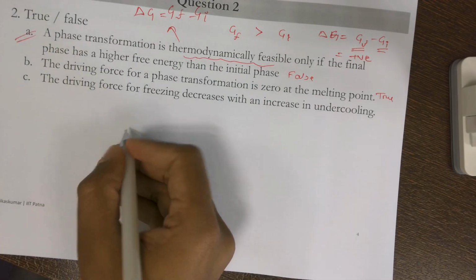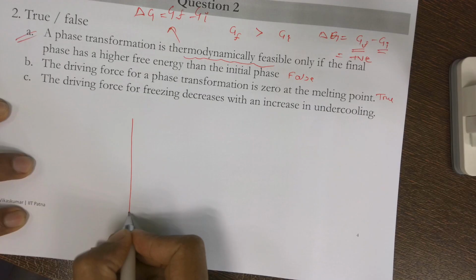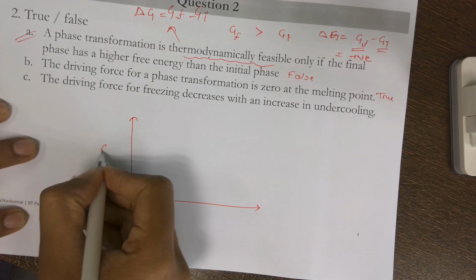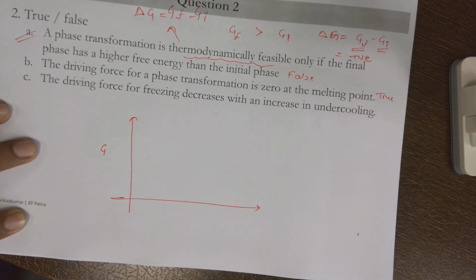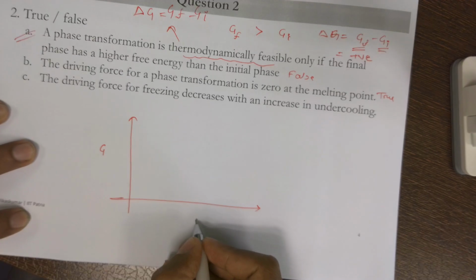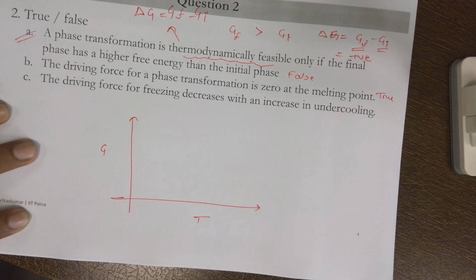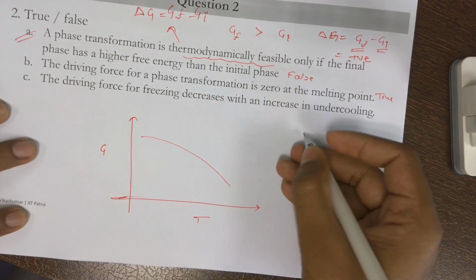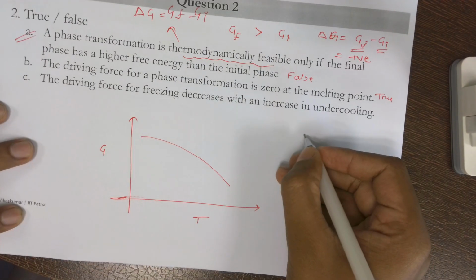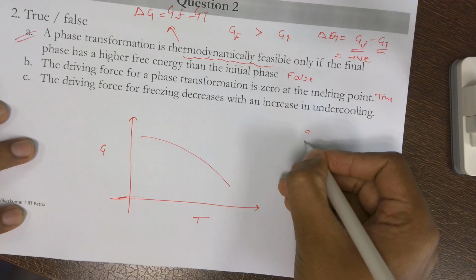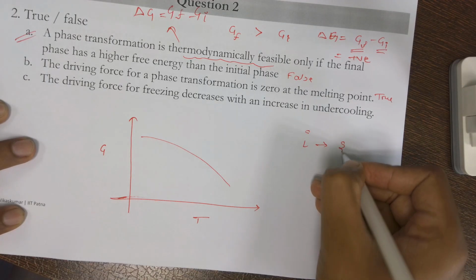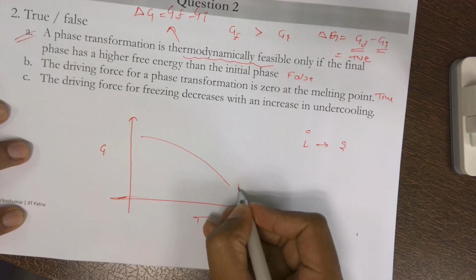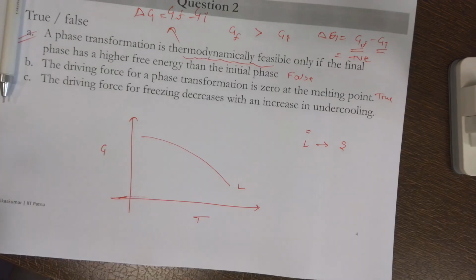So this is delta G and this is the temperature. Our transformation is melting, so we can talk about the transformation from liquid to solid. Let's say this is the G of the liquid and this belongs to the solid.